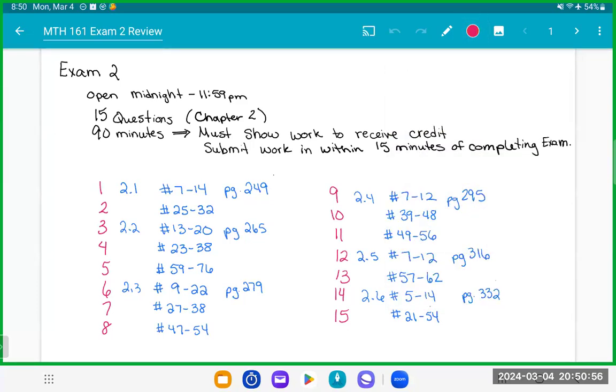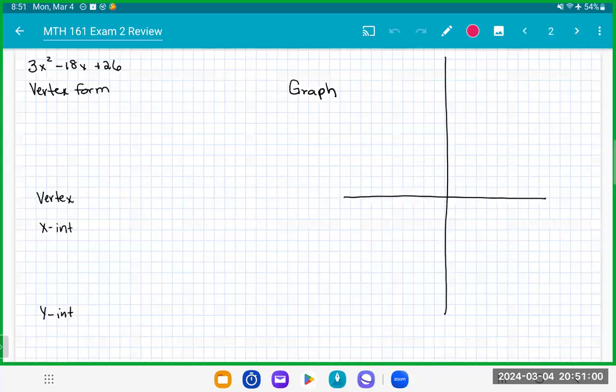Okay. All right. So the first problem is you'll be given an equation and be asked to put it in vertex form. What is the vertex?